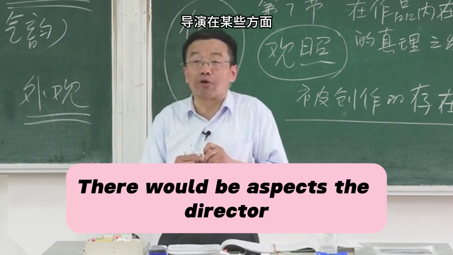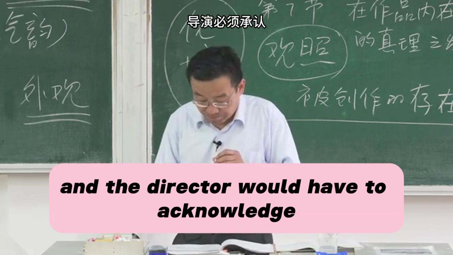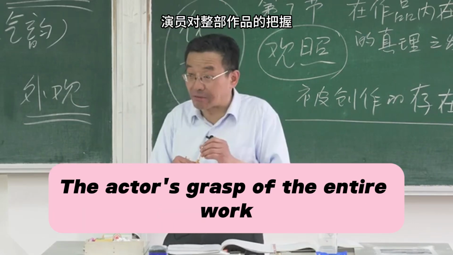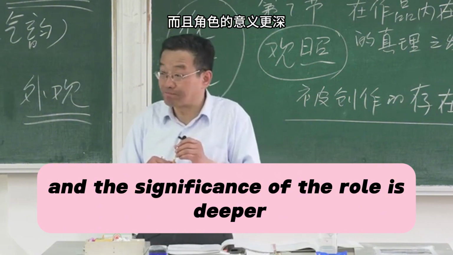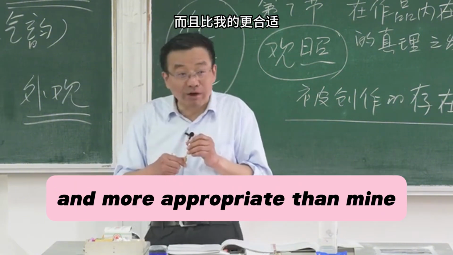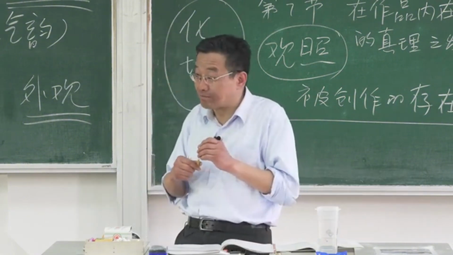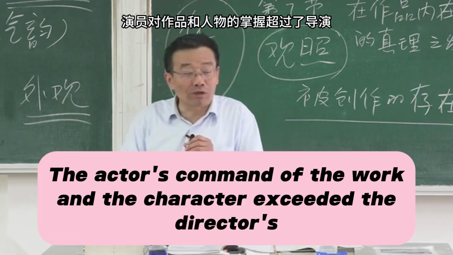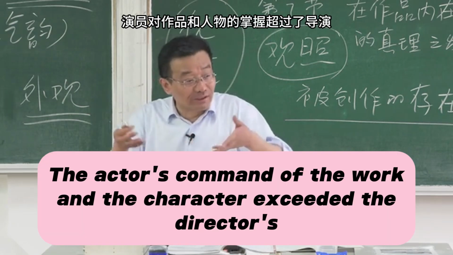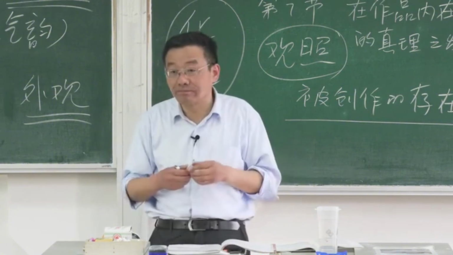There would be aspects the director hadn't even thought of, and the director would have to acknowledge, the actor's grasp of the entire work and the significance of the role is deeper and more appropriate than mine. At that point, the director would have nothing more to instruct the actor on. The actor's command of the work and the character exceeded the director's.